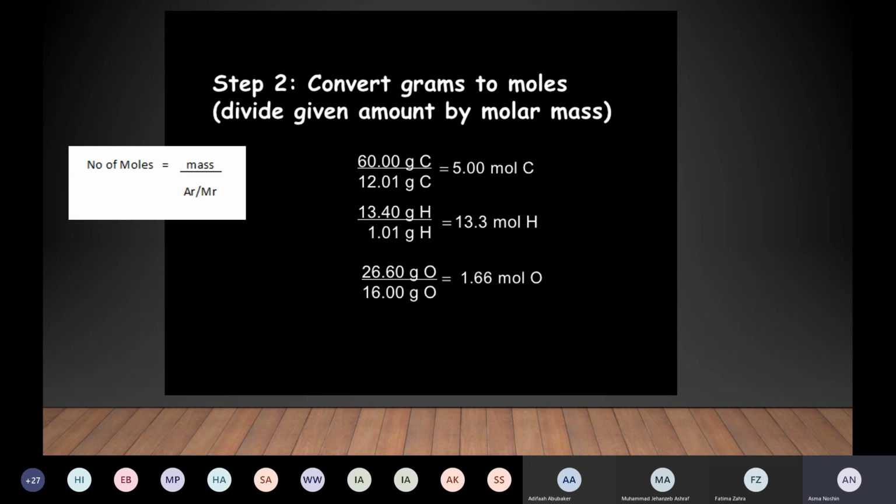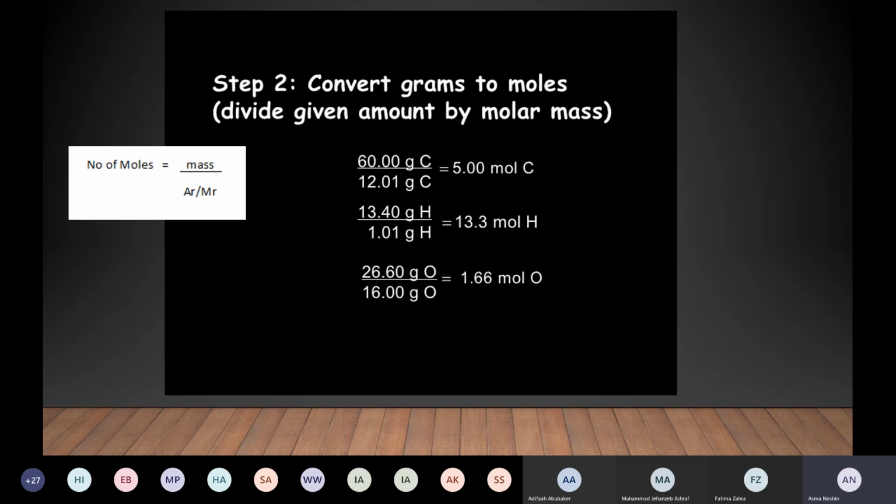So the mass of carbon which is given is 60. The relative atomic mass of carbon from the periodic table is 12. So it will be 60 divided by 12.